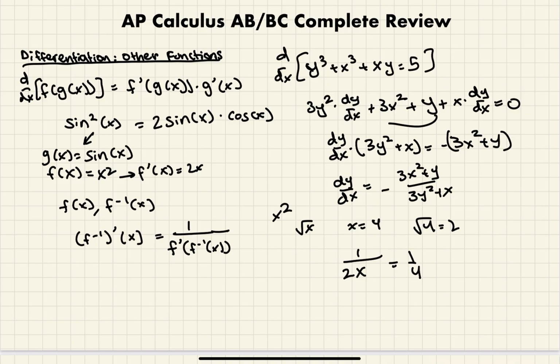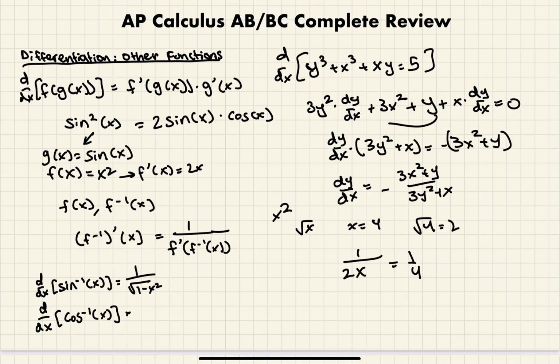And then you can use implicit differentiation again to find the derivatives of some inverse trig functions. So the derivative of inverse sine of x is equal to 1 over root (1 minus x squared). I'm not going to show you how to do it, but it just involves right triangles and trigonometry, as you probably expected, and implicit differentiation, of course.